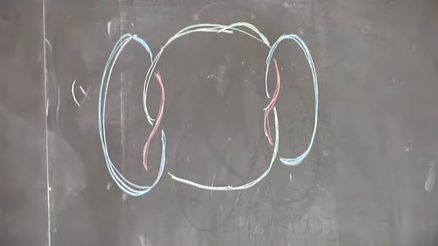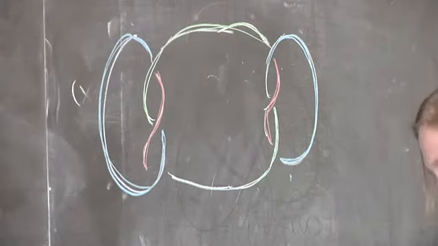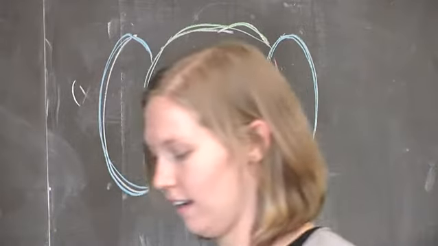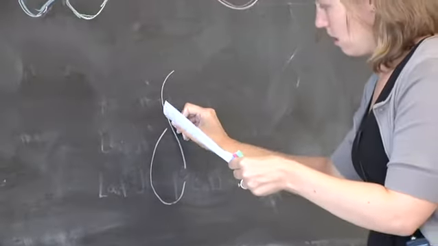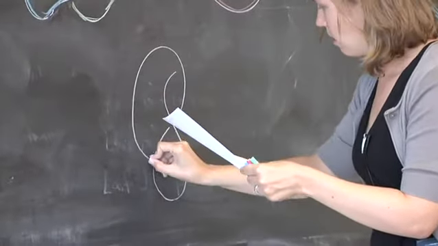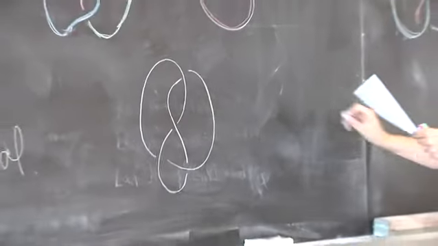Okay, so I want you to color. What fun would it be to come to a talk about coloring and not to color yourself? So I want you to try 2 knots, actually. I want you to try this one. And I want you to try this one.